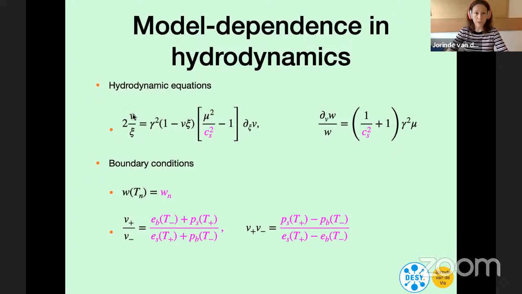They're for the fluid velocity v in terms of the coordinate ξ, and for the enthalpy. Γ is just the Lorentz factor, and μ is the boosted velocity. So really the only place where there is some model dependence is in the sound speed, which enters here and here. But in addition, there's also model dependence in the boundary condition. So in the matching, and also in your boundary condition at large ξ for the enthalpy.